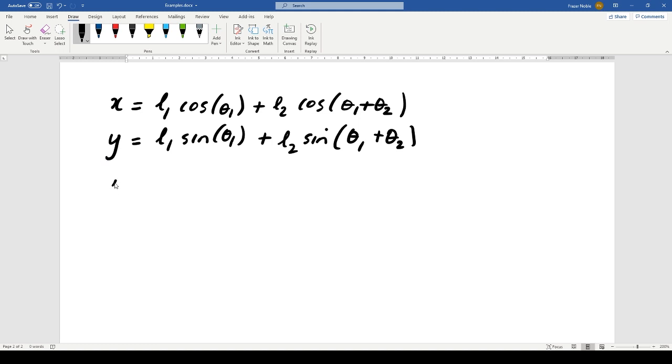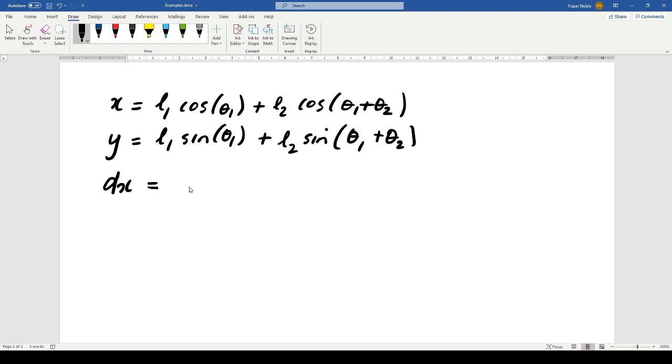So we could write that out. The differential x is going to be equal to the partial derivative of x with respect to theta 1 times the differential theta 1 plus the partial derivative of x with respect to theta 2 times the differential theta 2. So let's write that out.